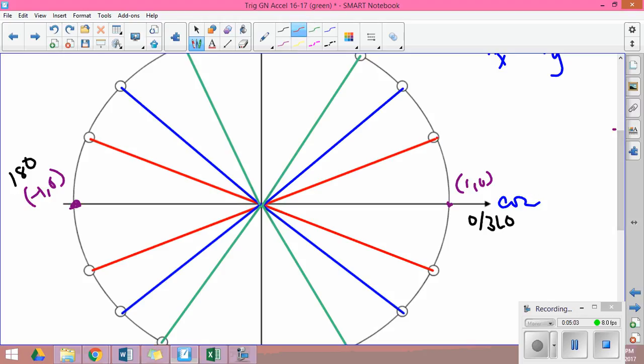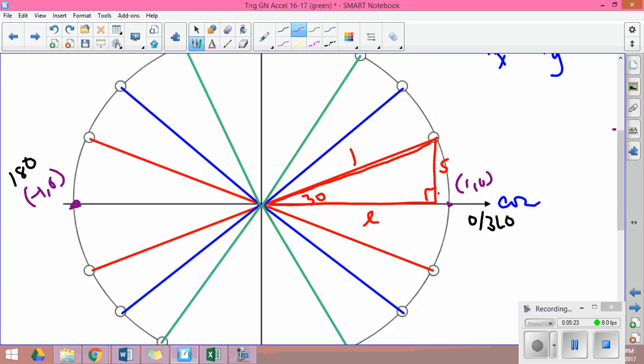If we look first at this red right triangle that we build, and if I tell you this is a 30-degree angle with a hypotenuse of 1, we have a 30, 60, 90 triangle. Here is our short side, here's our long side.